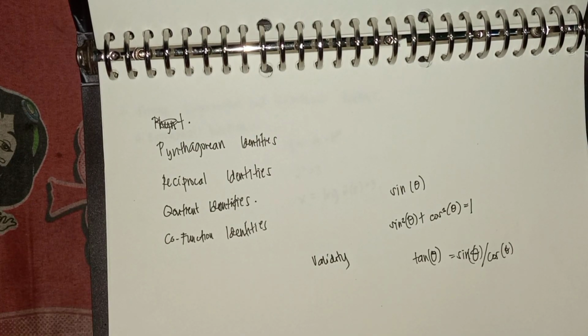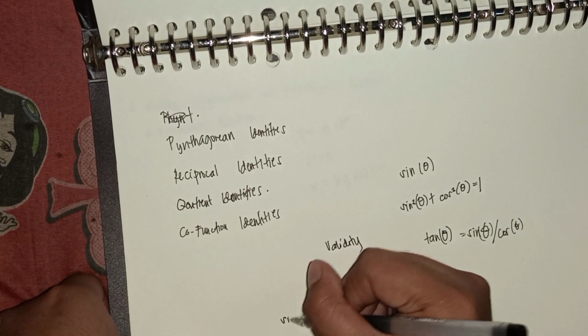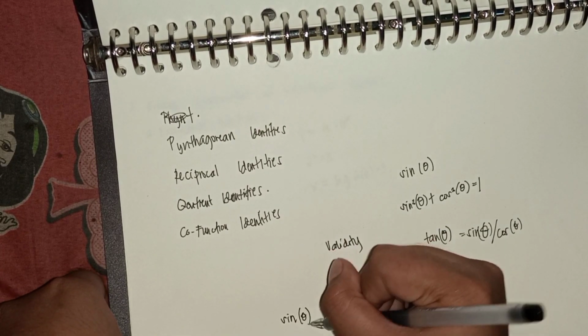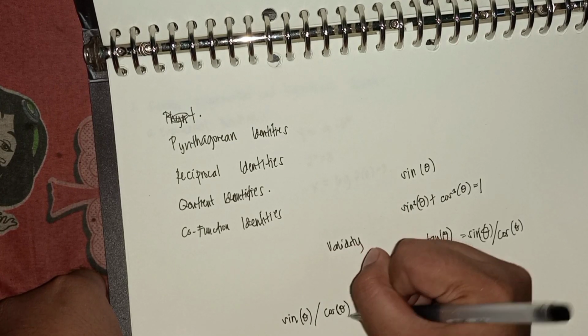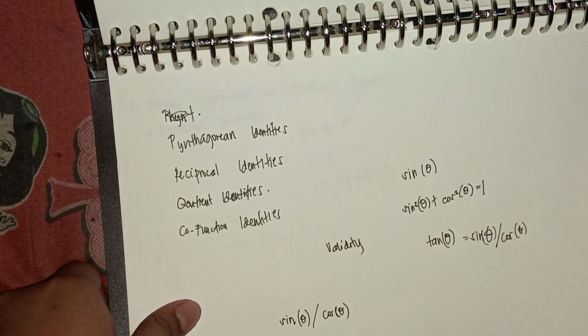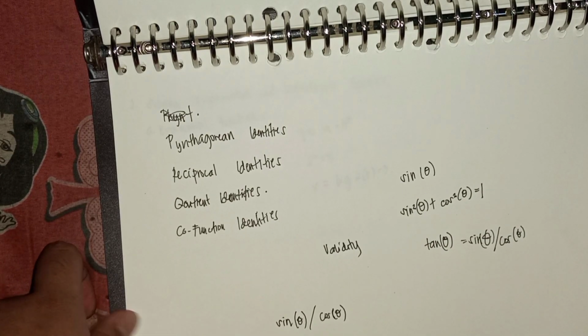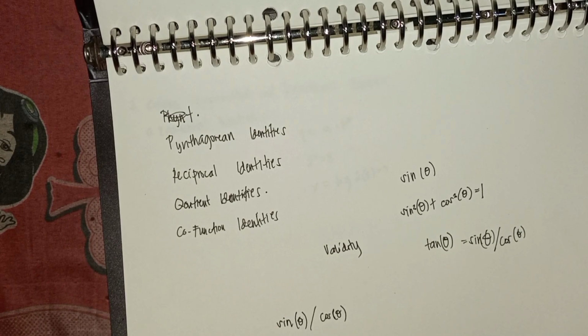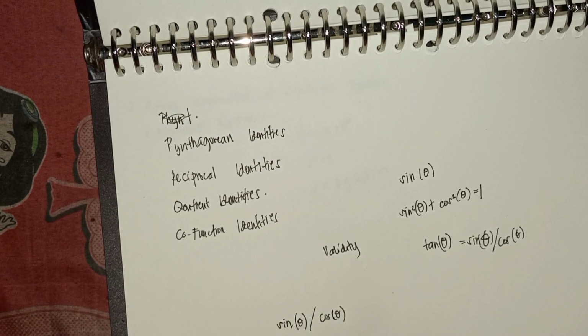Starting with the right hand side, we have sine theta divided by cosine theta, and we'll use the definition of sine theta and cosine theta, opposite over hypotenuse and adjacent over hypotenuse, canceling out the common factor of hypotenuse.